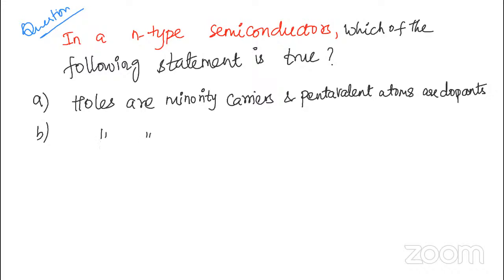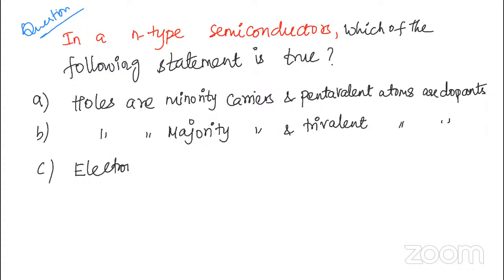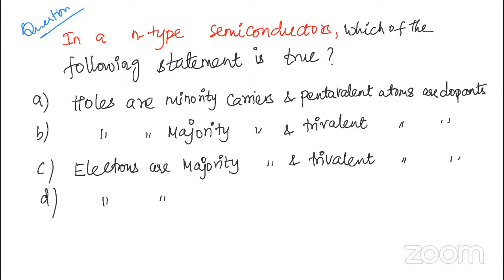Second one, and third one, electrons or majority carriers and trivalent, and D is electrons or minority and pentavalent atoms or dopants.